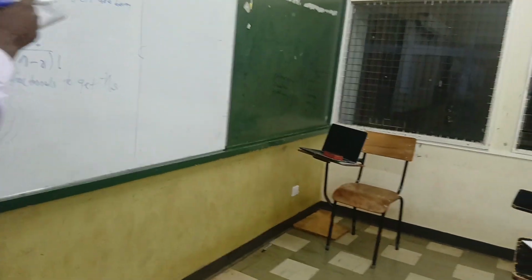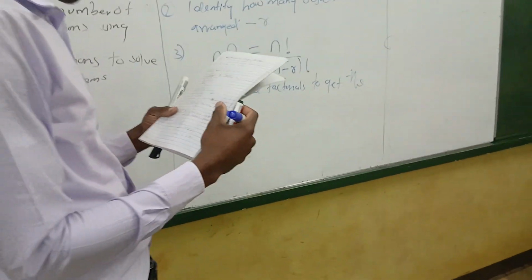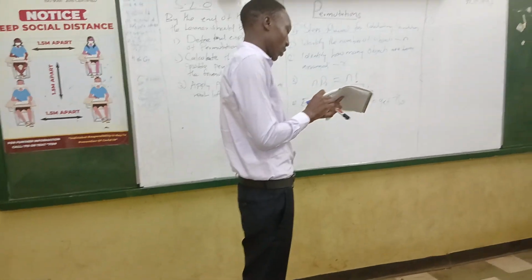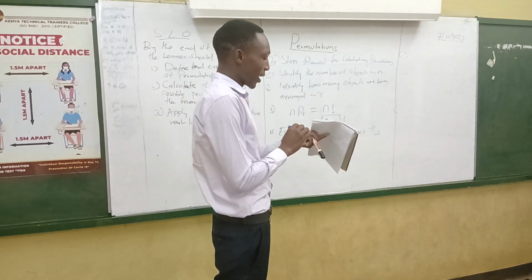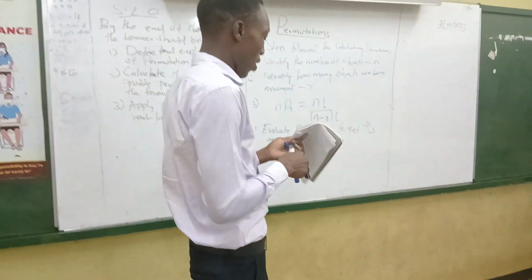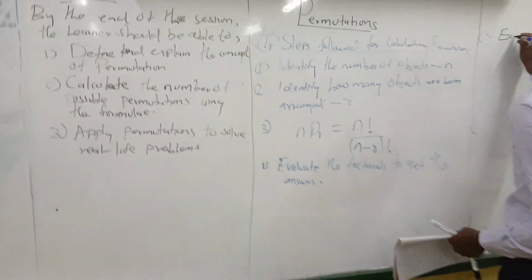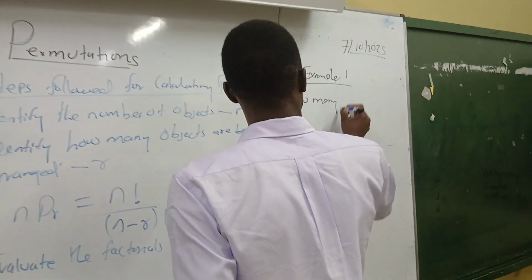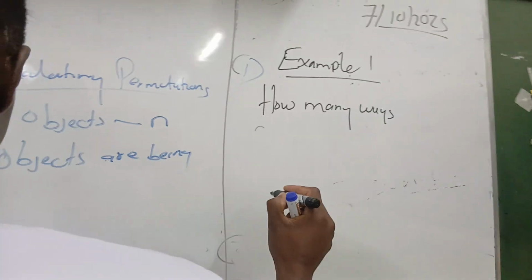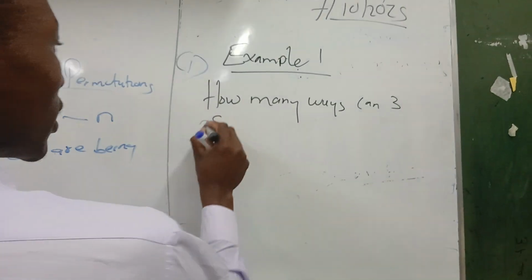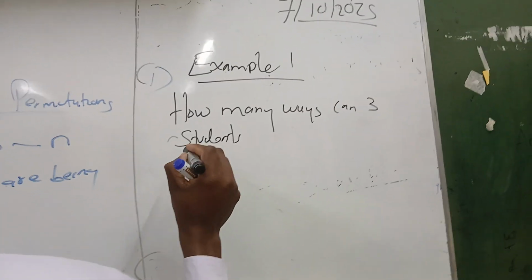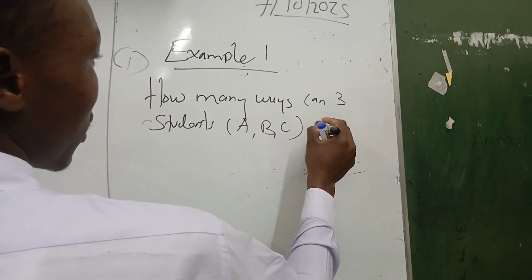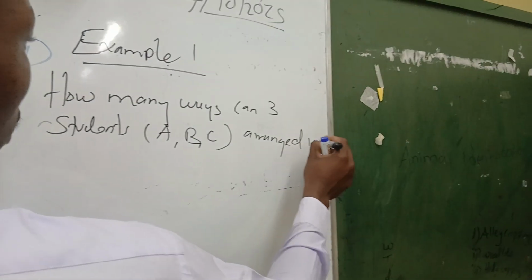So for example number 1, you are being told: how many ways can 3 students, that is students A, B, C, be arranged in a row?